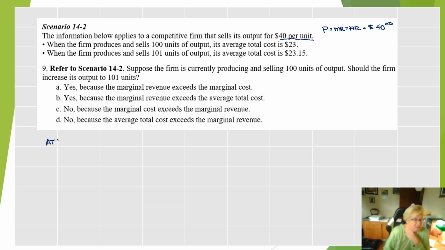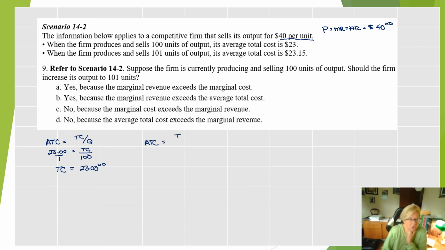Average total cost is equal to total cost divided by quantity. Our average total cost is $23 equals total cost over 100. Cross multiply, and I get total cost at 100 units is equal to 2,300. Looks familiar because we just did this problem.